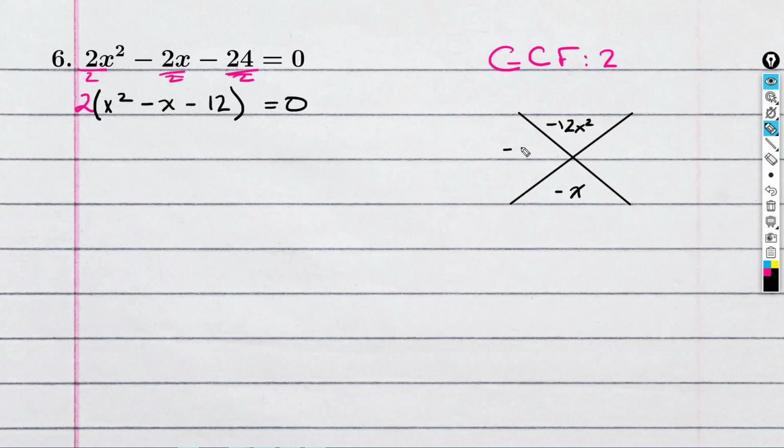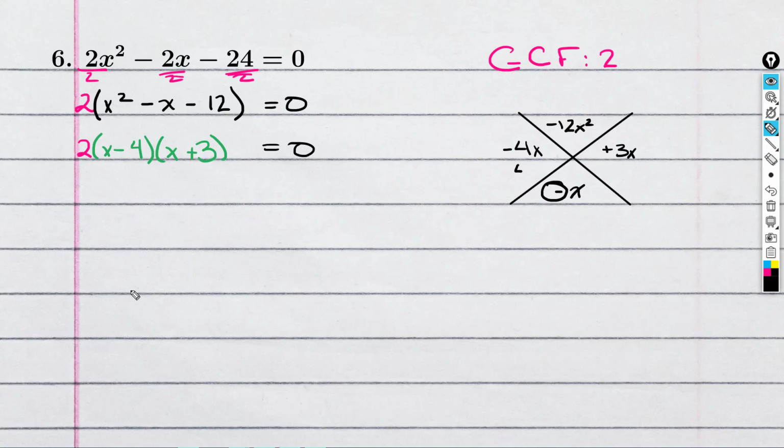So we have negative 4x and positive 3x. We know our larger sign has to be negative because of the negative down here. So we still write down our 2, and now we're going to go into our 2 parentheses, x minus 4 and x plus 3. And that's equal to 0.